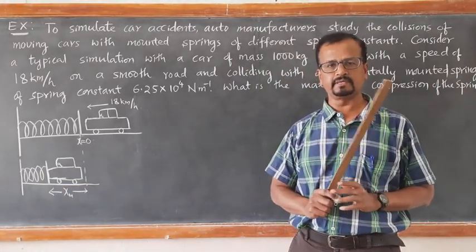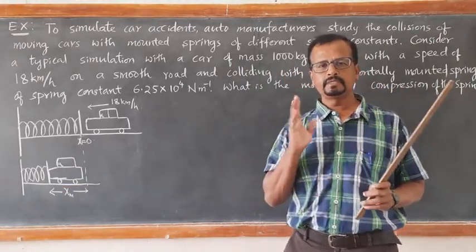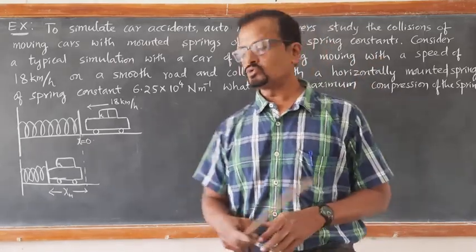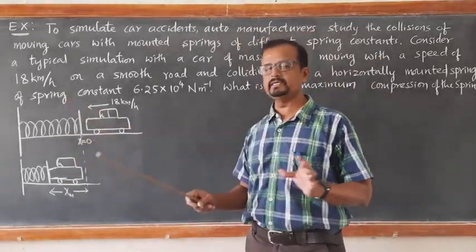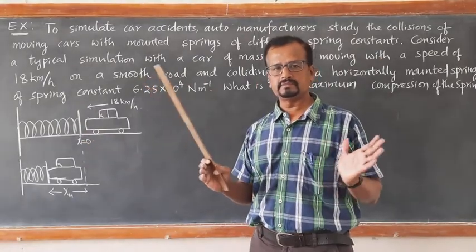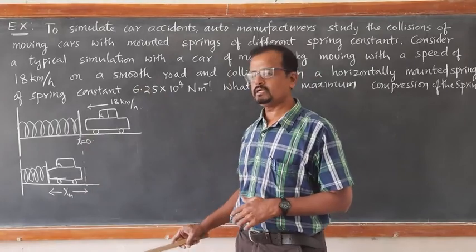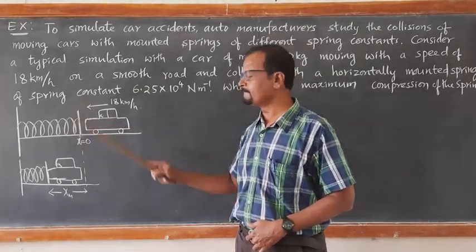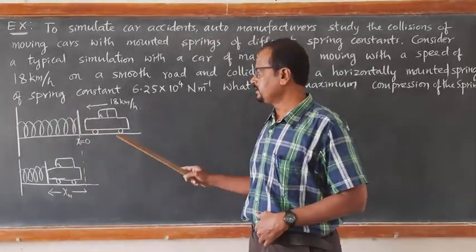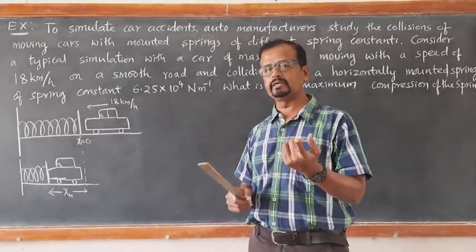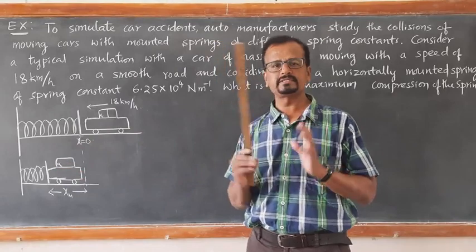Simple problem is simple. So here we are invoking the conservation of mechanical energy. Before colliding, the spring is not disturbed. The spring is not having any energy. When the car collides with the mounted spring, the kinetic energy of the car is completely converted into potential energy of the compressed spring.